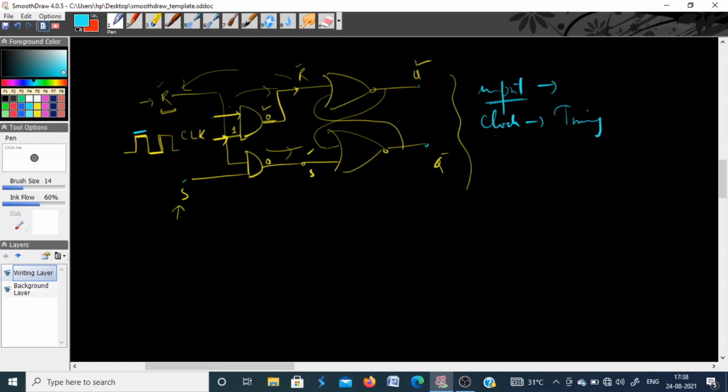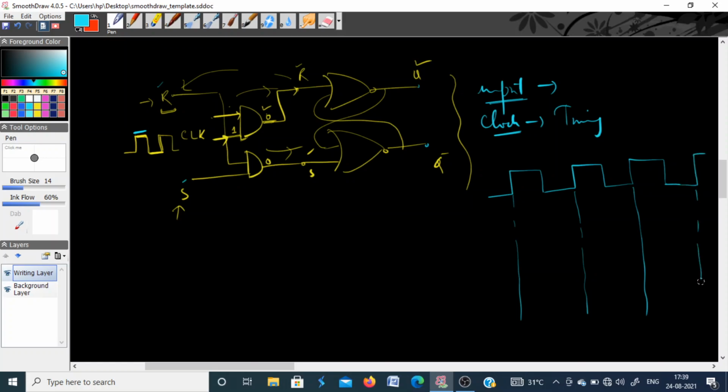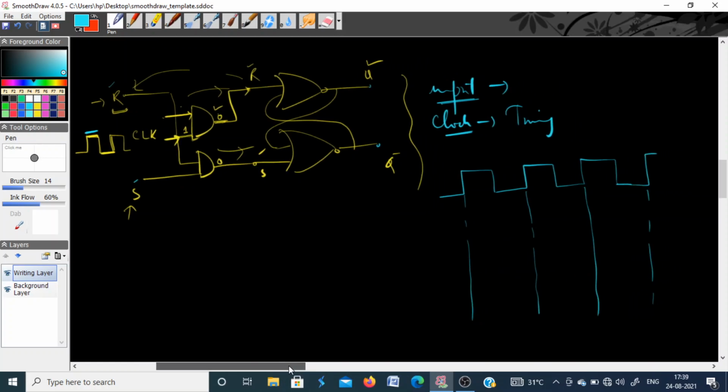Suppose you have a clock signal. This is a clock, this is one time period, then another time period, similarly another time period, and so on.